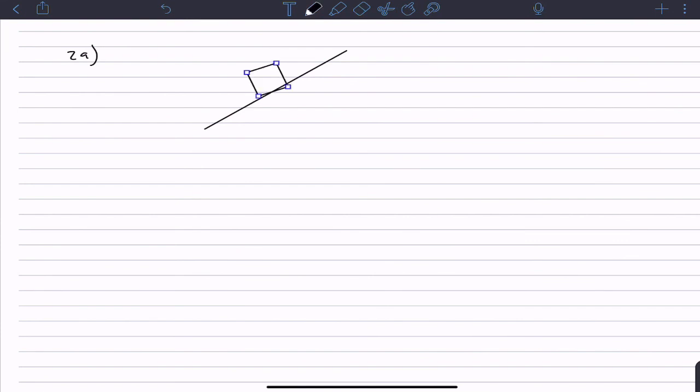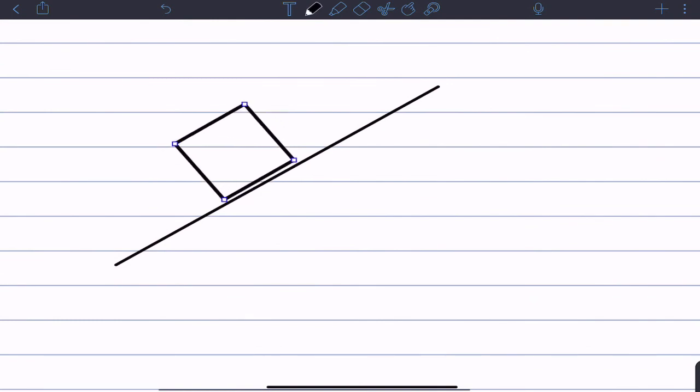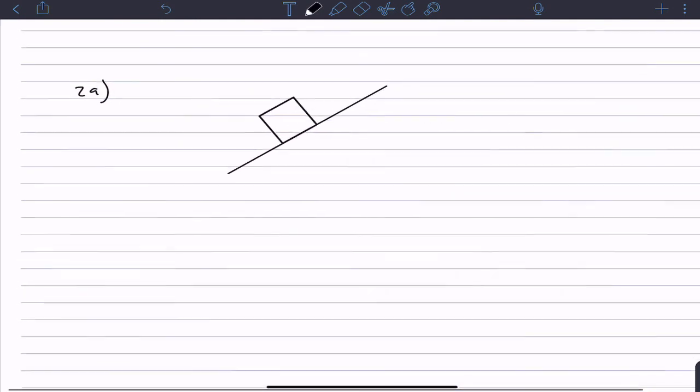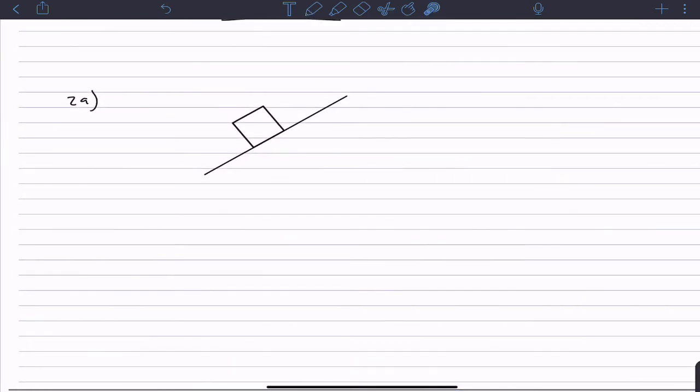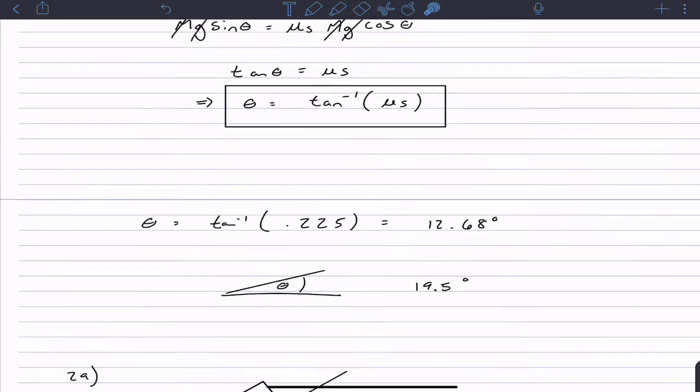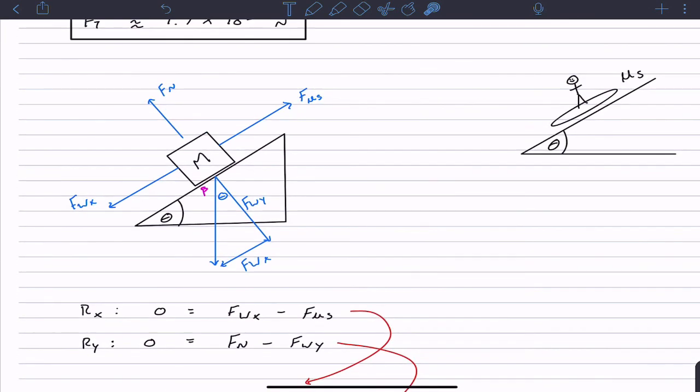Okay, so it's another essentially block on an incline. The thing about this that's interesting to me is that I'm setting it up as a block on an incline problem, which is rather boring conceptually. What we're really talking about is something that you can witness in the real world, right?